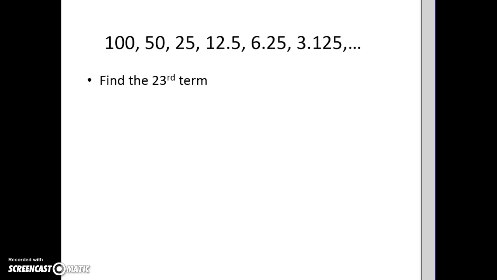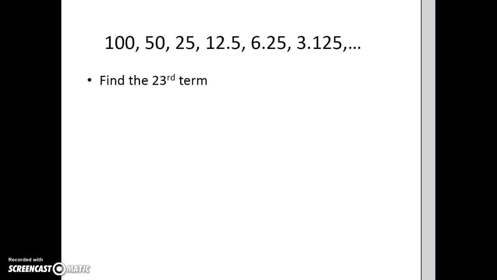So the first thing that I want to do is recognize what are they doing to the 100 to get 50? What are they doing to the 50 to get 25? Is that the same thing? What are they doing to the 25 to get 12 and a half?